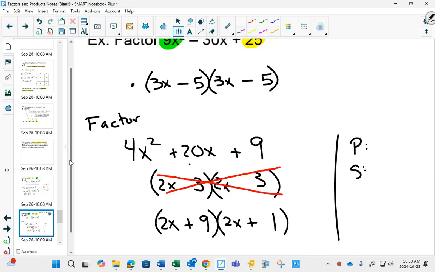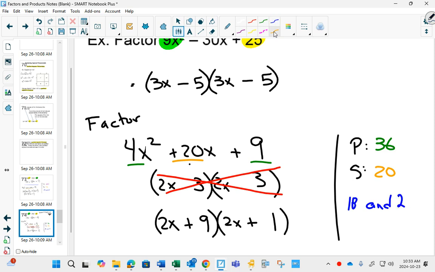So in that reason, people like to say, okay, 4 times 9, that product is 36. My middle number is a 20. How long does it take you to figure out the two numbers whose product is 36, sum is 20? It is something and something else. 18 and 2.